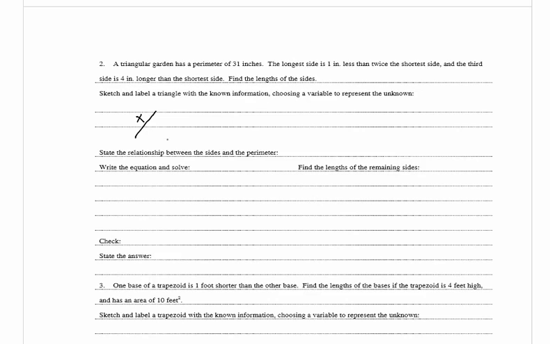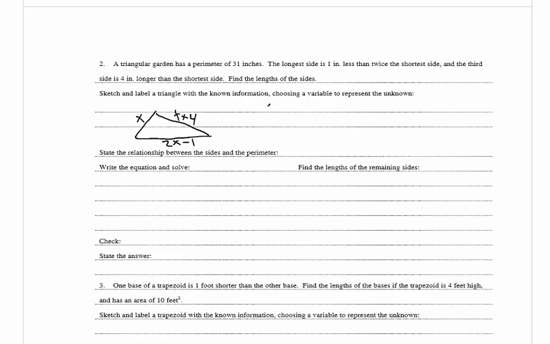And the longest side is going to be the hypotenuse, and they say that it's 1 inch less than twice the shortest side. So if we have 2x minus 1, that would represent 1 inch less than twice the shortest side. And then our last side, they tell us, is 4 inches longer than the shortest side, so x plus 4.